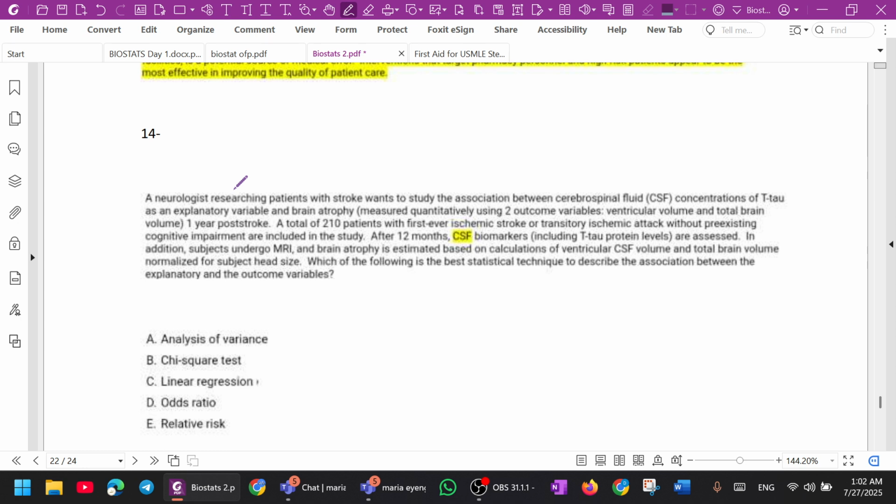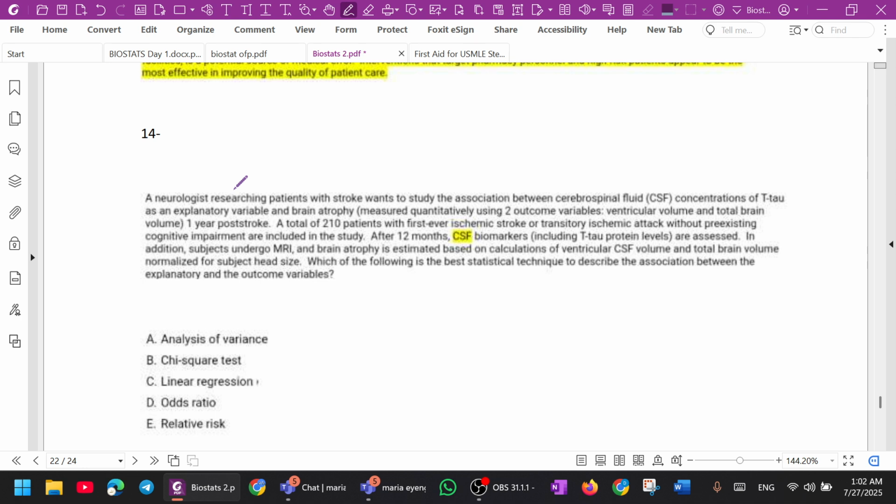And chi-square was two groups, and we're comparing something that's not a number. Do we have two groups here, and are we comparing something that's not a number? No. Basically, here they are trying to find the association between concentrations of tau in the CSF. So it's a number.